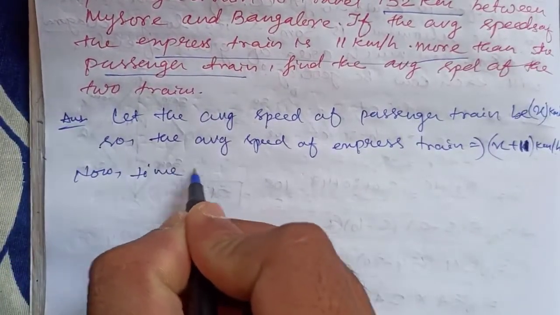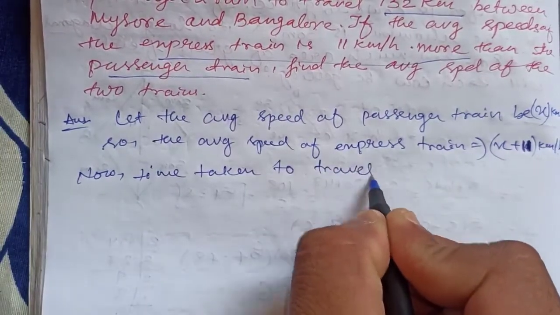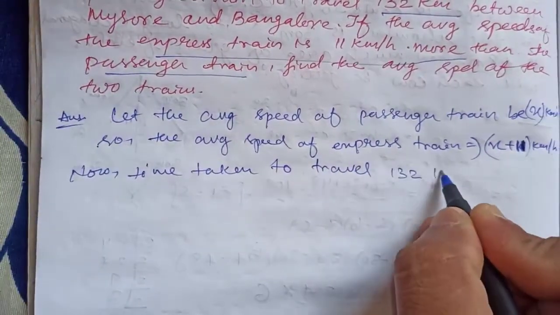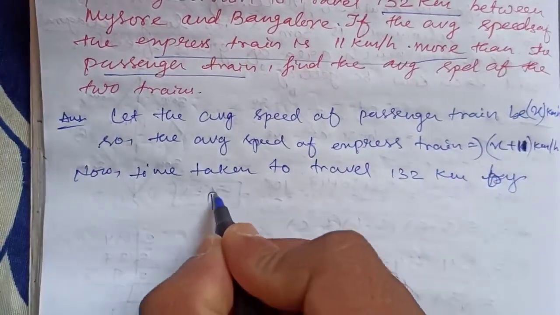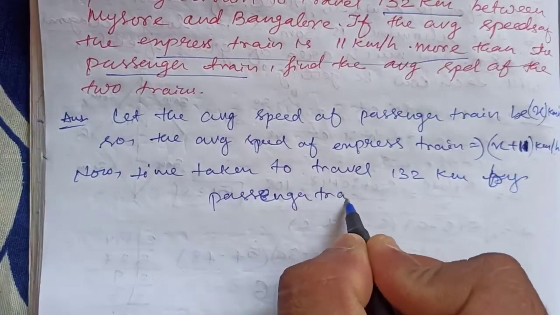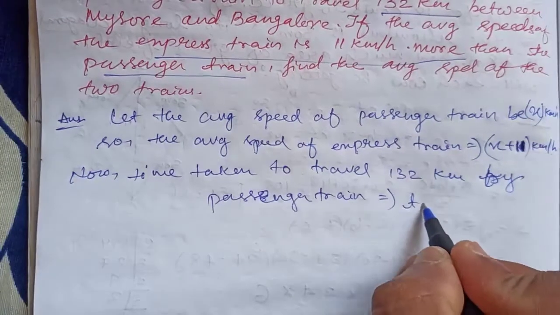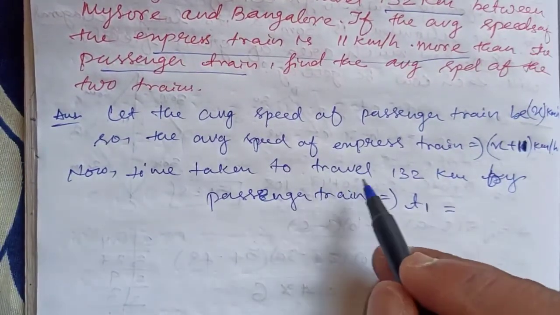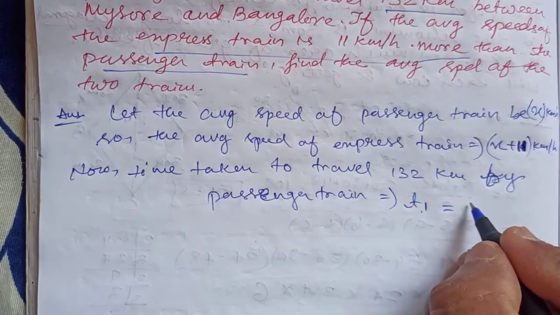time taken to travel 132 km by passenger train will be, what is the formula I have said? Suppose we will take T1 time taken by the passenger train, then time equals to distance by speed.